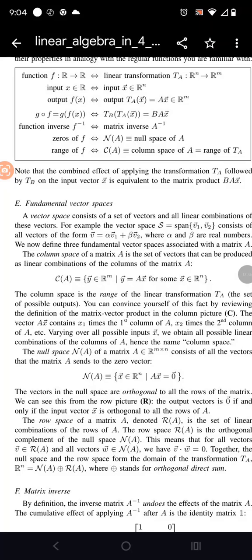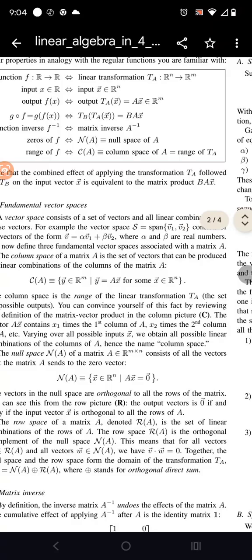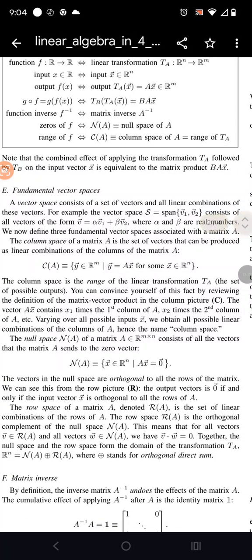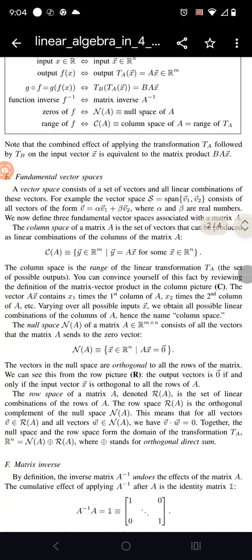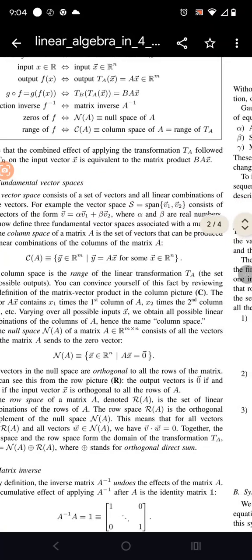Fair enough. The column space is the range of the linear transformation TA, the set of possible outputs. You can convince yourself of this fact, of course.